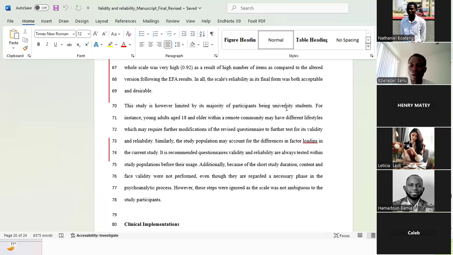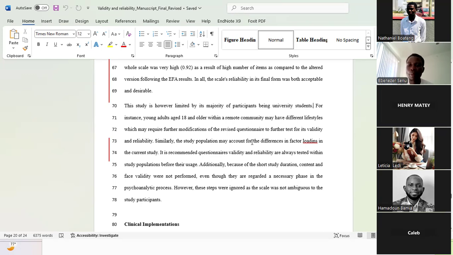University students. Whilst we should have gone out to see those in the communities to help us validate the health promotion. So we are biased, because university students will have knowledge or will not be doing certain lifestyle factors, which may affect the reliability or validity.